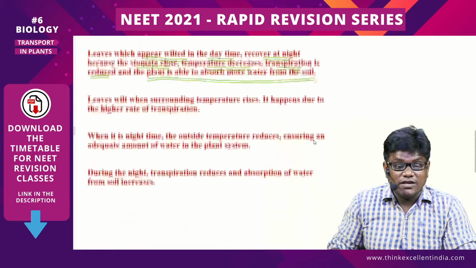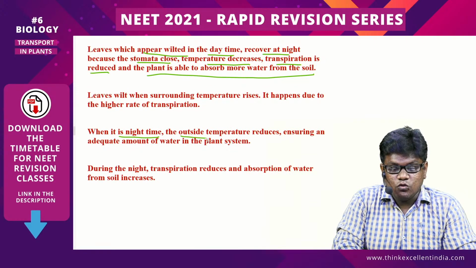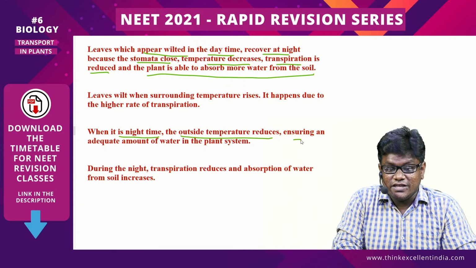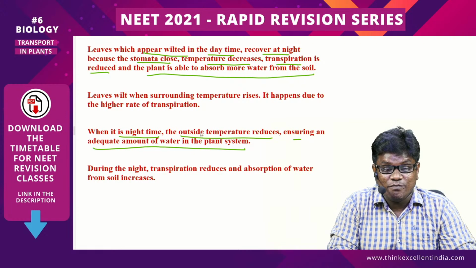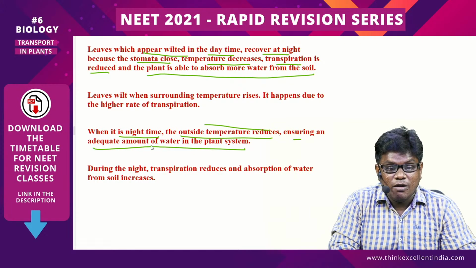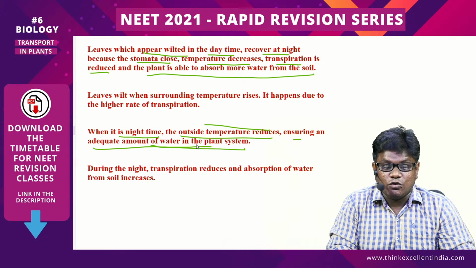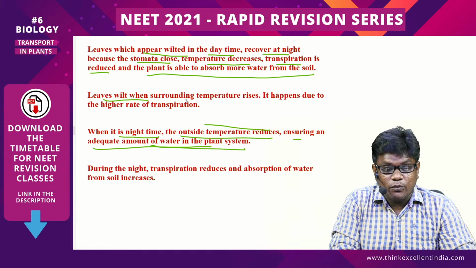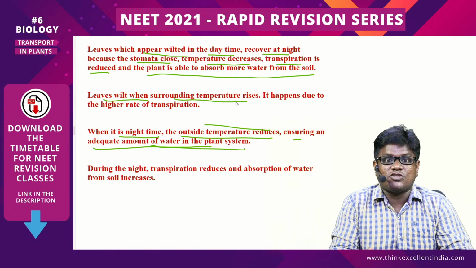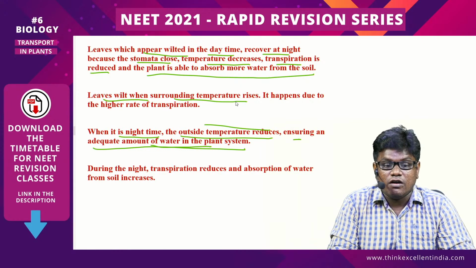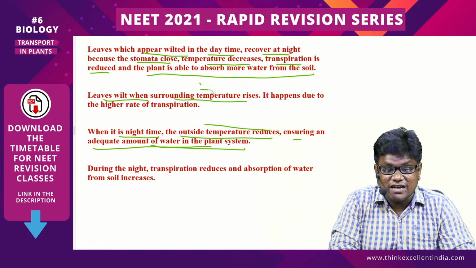See, here you can see when it is night time, the outside temperature reduces, ensuring an adequate amount of water in the plant system. At night time, when the temperature reduces, what happens to the water molecules inside the plant? They will be in adequate amount. So leaves wilt when the surrounding temperature rises. The surrounding ecosystem has to provide a proper temperature for all the physiological processes. When the surrounding temperature rises, what happens?